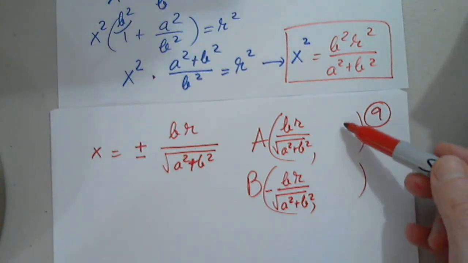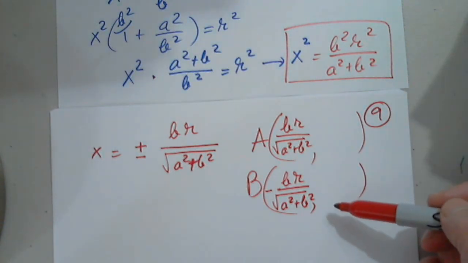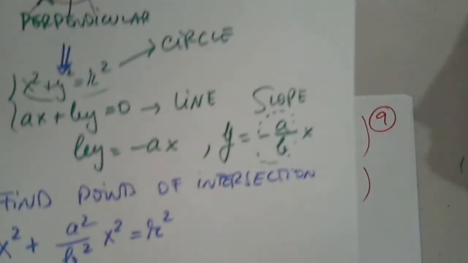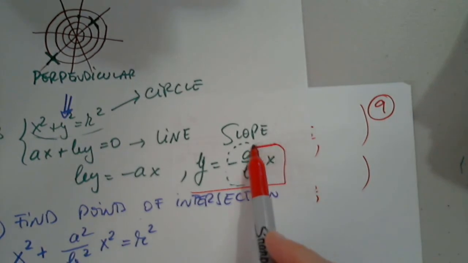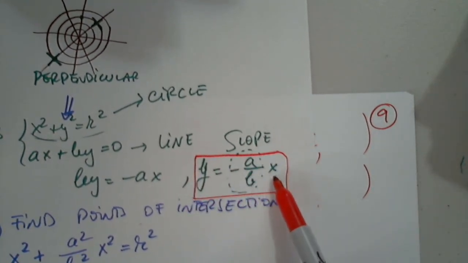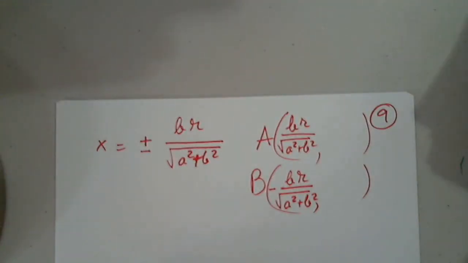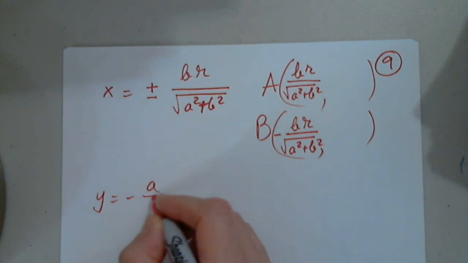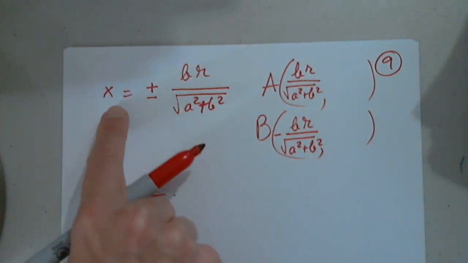Notice that I have not determined the y coordinate yet. I have x. But look what I know. I know that y equals negative a over b times x. So y equals negative a over b times this.